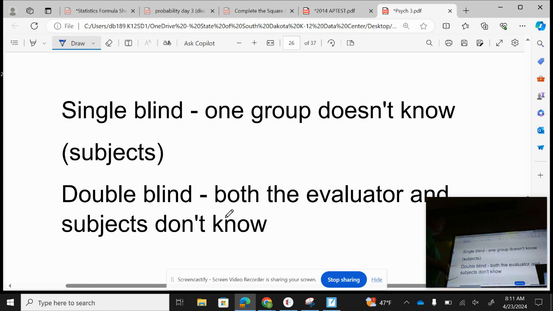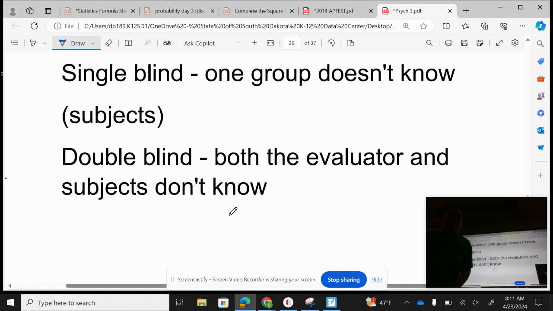Single blind. One group doesn't know. Now, in statistics, we don't care if it's the subjects or the others, but in your book it says the subjects don't know what treatment they received. A double-blind experiment is where both the evaluator and the subjects don't know. Okay, so really hard to have any type of blinding.